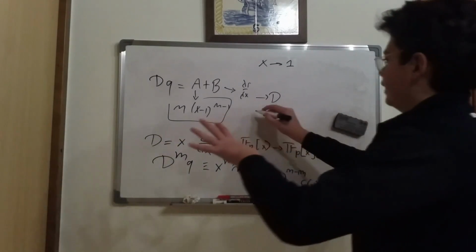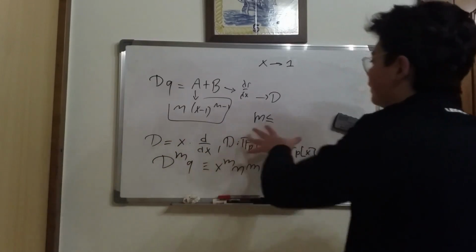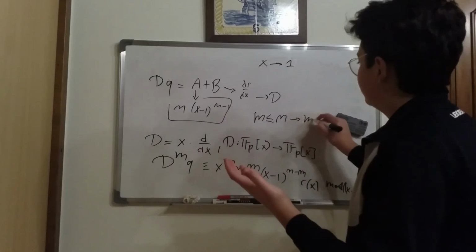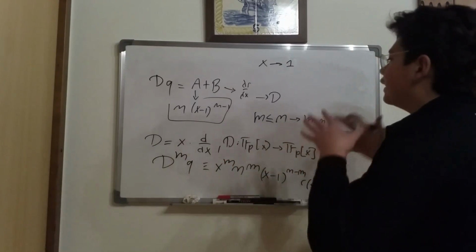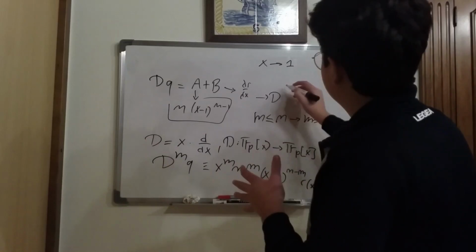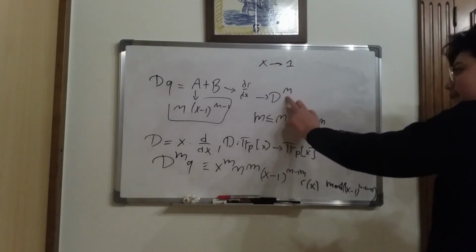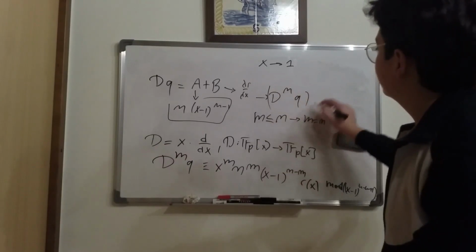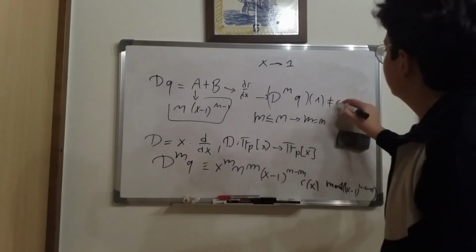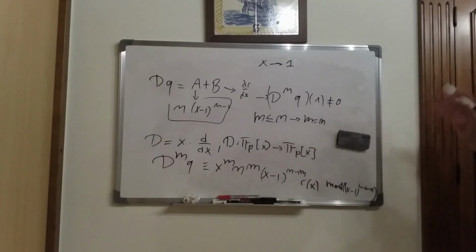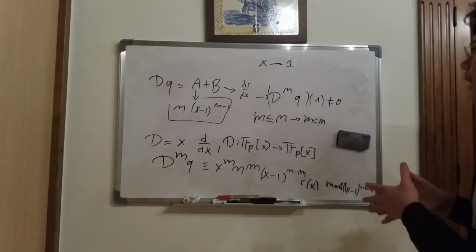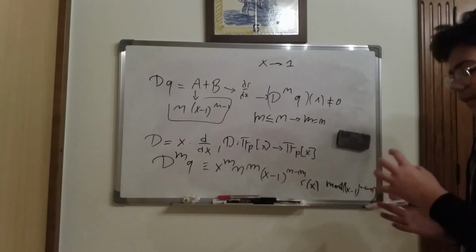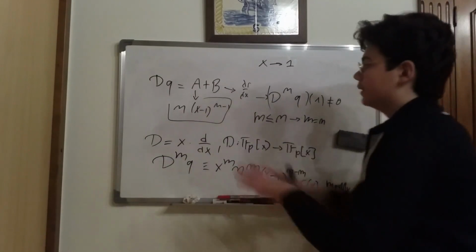I have that, of course, m is smaller or equal to n. If m is equal to n, I have a pretty thing. In fact, I have that the derivative n times, attention, so m is equal to n, of q evaluated at point 1 isn't equal to 0. Why? Because I have these two terms, okay?